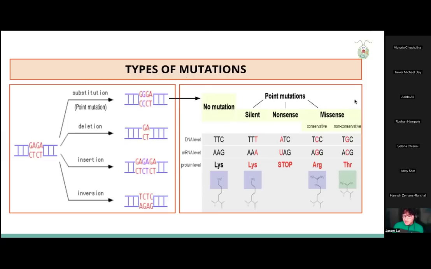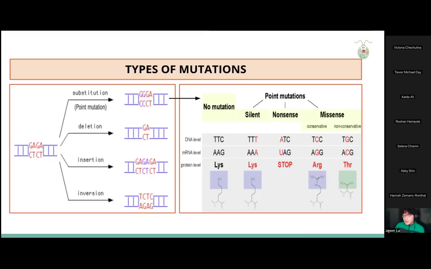Then lastly, on the right, we have our missense mutations. So we have two types of missense mutations. We're going to go over the conservative missense mutations. Essentially, what this means is we're swapping from one amino acid to another amino acid. So at the DNA level, you can see our second base in this codon, which is T, is getting switched into a C. Instead of coding for lysine, we are now coding for arginine.